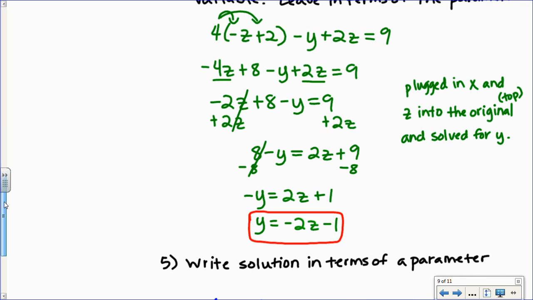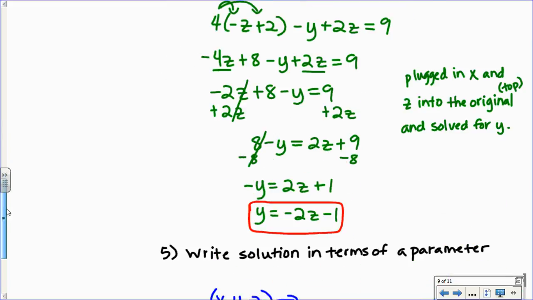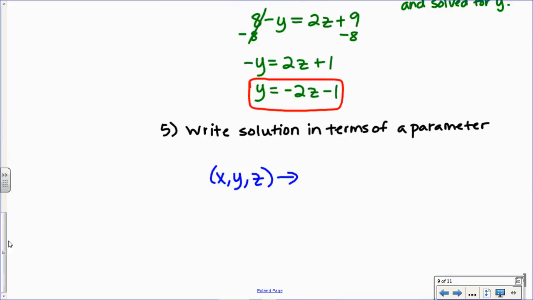Y is negative 2Z minus 1. And Z is Z. So I have to say though, in terms of a parameter, it means you use the variable P. In this case, P is Z. My single variable, what I wrote my equations in terms of, that's my parameter.